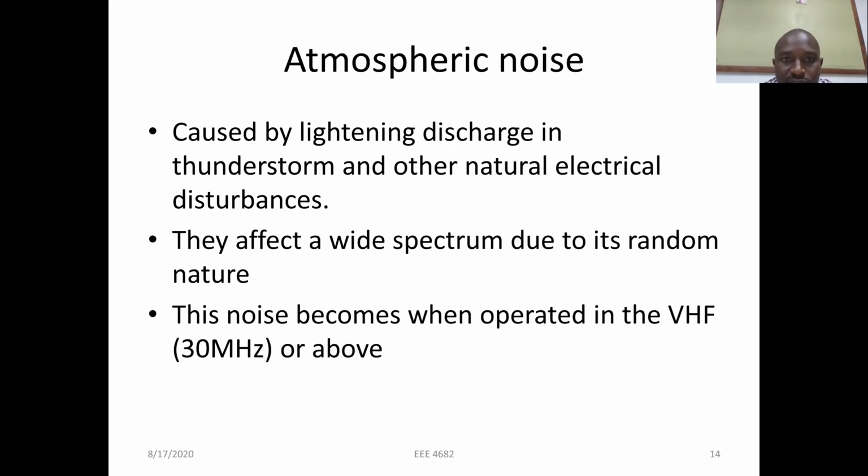Atmospheric noise is basically noise caused by lightning discharge in thunderstorms and other natural electrical disturbances, which produces an effect that is random in nature, and this noise becomes more pronounced when operating in the VHF frequency band, which is 30 megahertz or above.